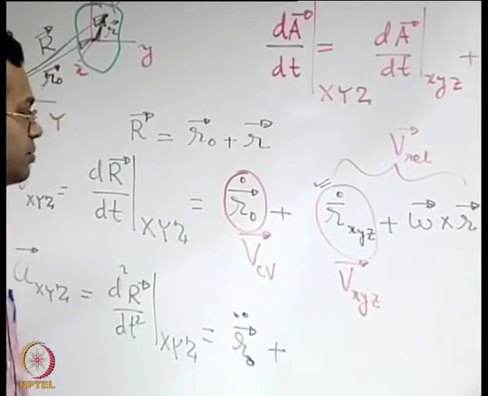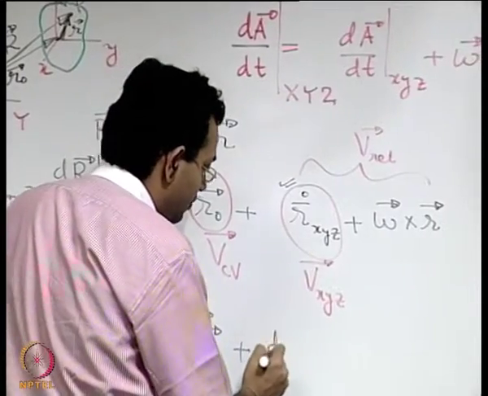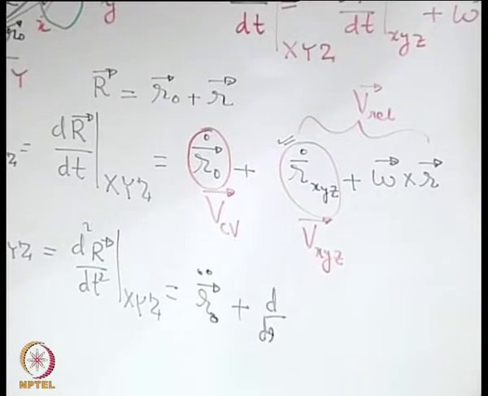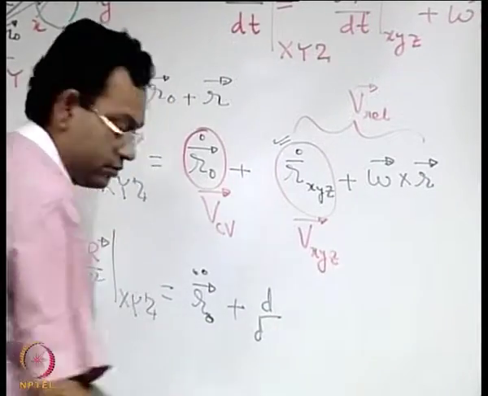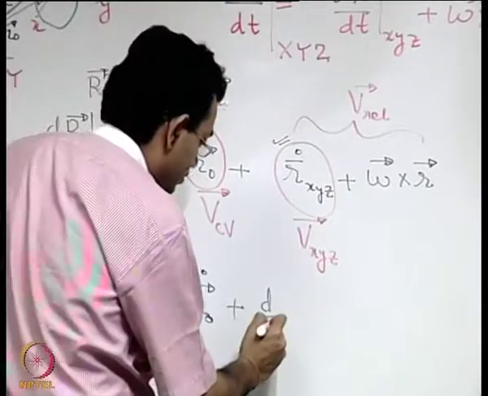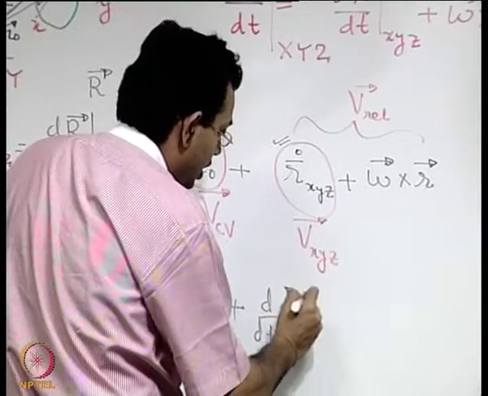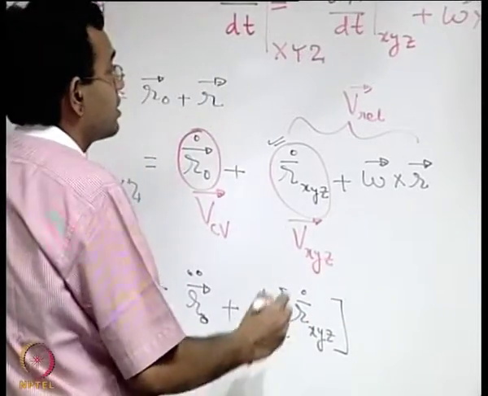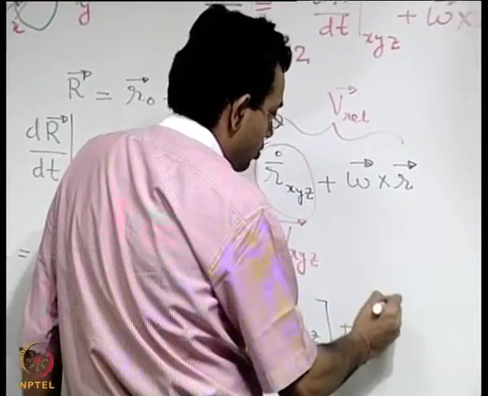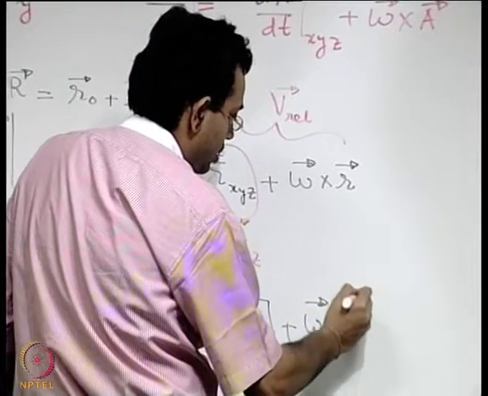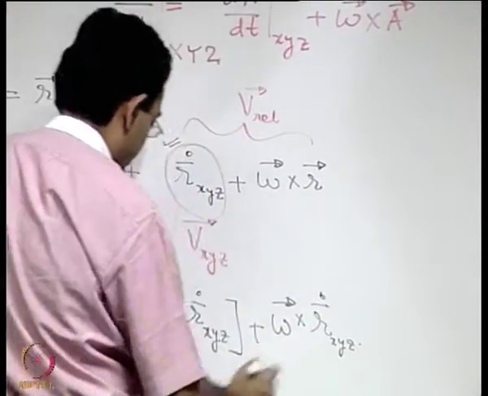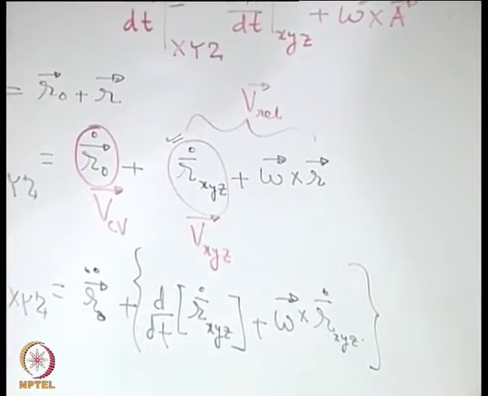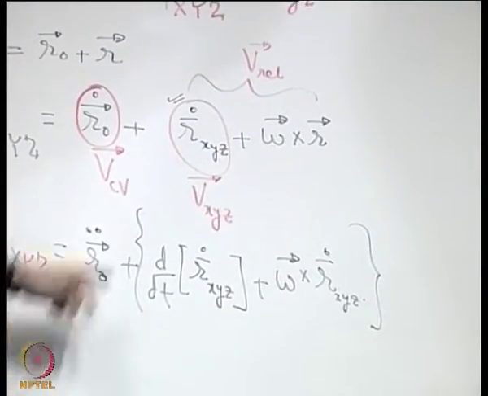So, what is d dt of this one? That is d dt of r dot small xyz plus omega cross r dot small xyz. That is for the second term.